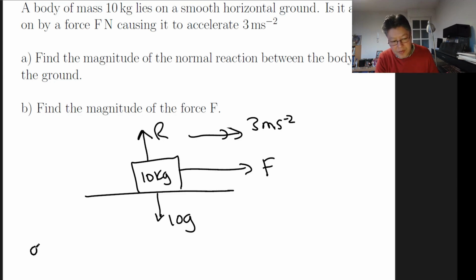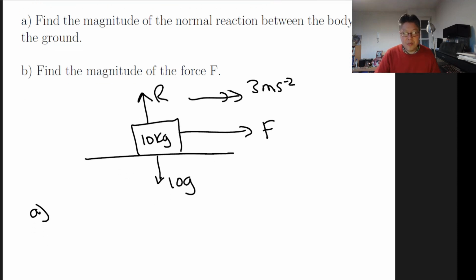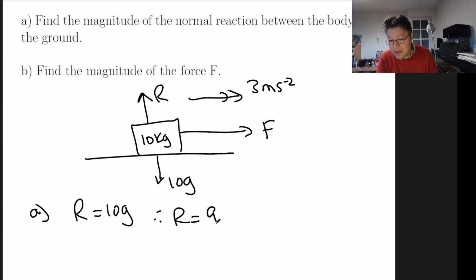So part A is the same as the previous example. Up equals down, so R equals 10g. So therefore R equals 10 times 9.8 is 98 newtons. You can also leave the answer as 10g, that's also acceptable.